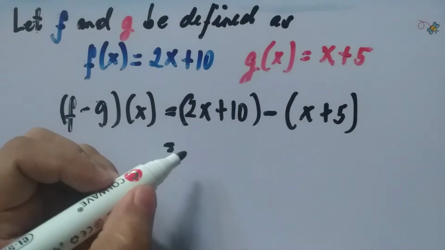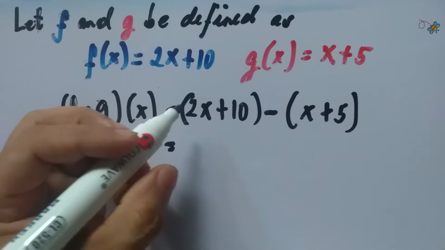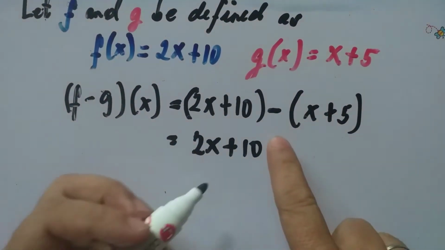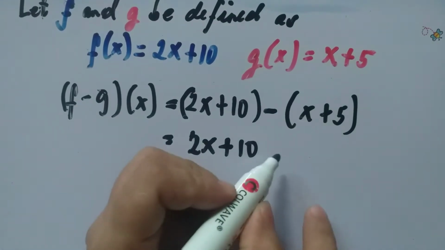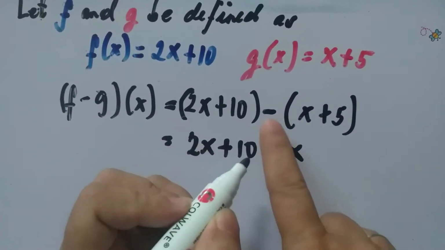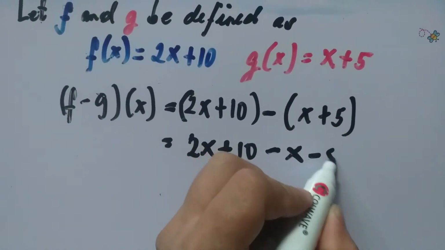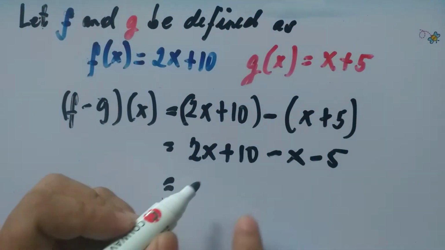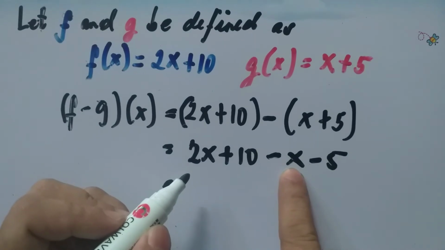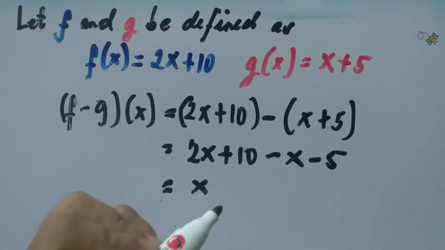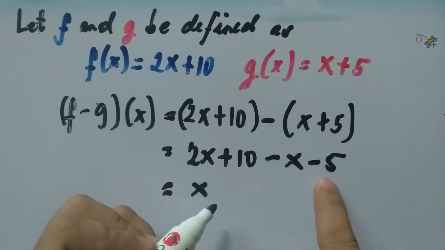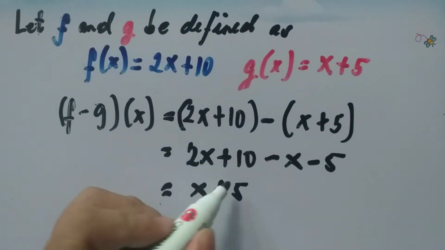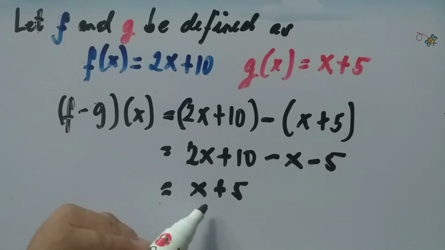So we remove the parenthesis, 2x plus 10, then minus x minus 5. Then combining like terms, 2x minus x is x, then 10 minus 5 is 5. So the answer is x plus 5.